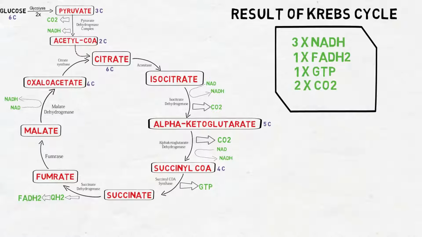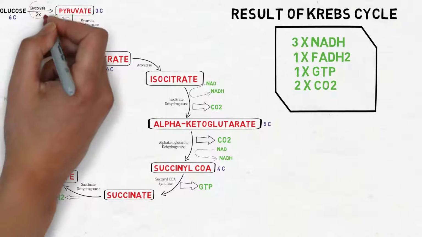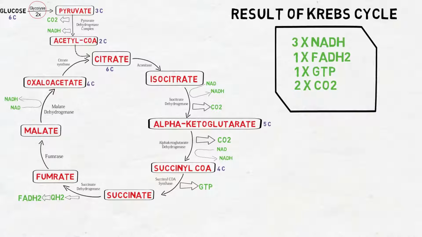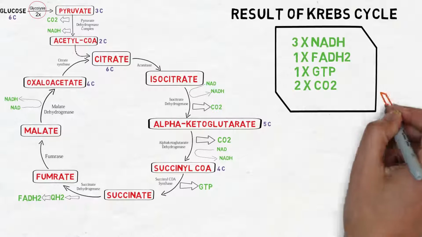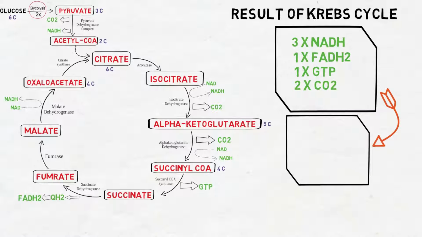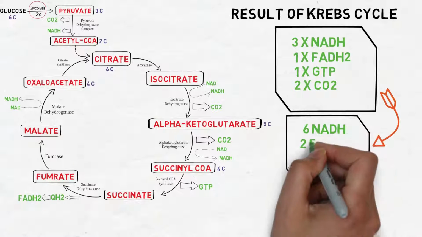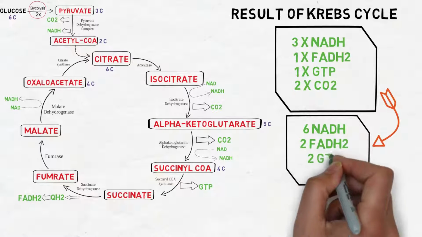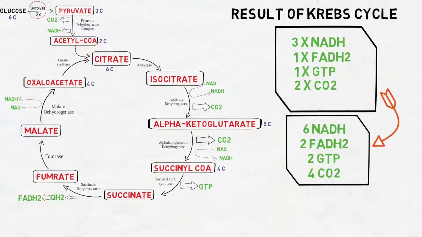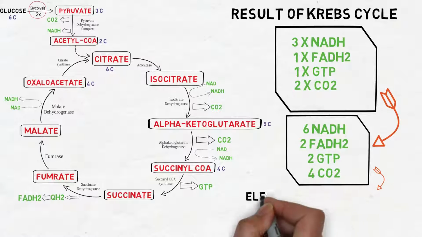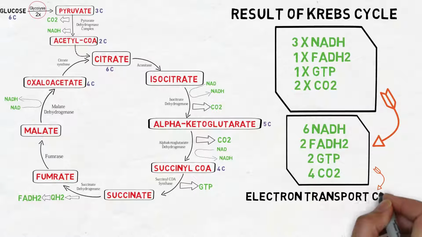Now since glucose is split into 2 pyruvate compounds, for each molecule of glucose, this cycle runs twice. Hence the products formed are 6 NADH, 2 FADH2, 2 GTP, and 4 carbon dioxide. All the NADH and FADH2 are next fed to the electron transport chain for the generation of ATP.